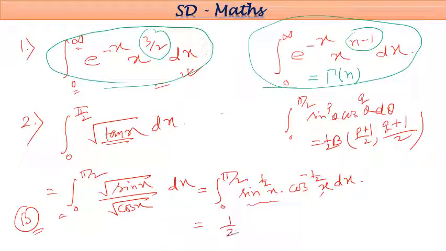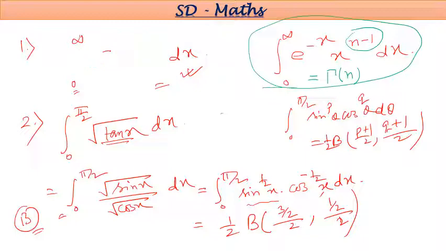So it will be half beta of half plus 1 by 2, that means 3 by 4, and the next one is minus half plus 1 by 2, right? Therefore now it will be half beta of 3 by 4, 1 by 4, right?